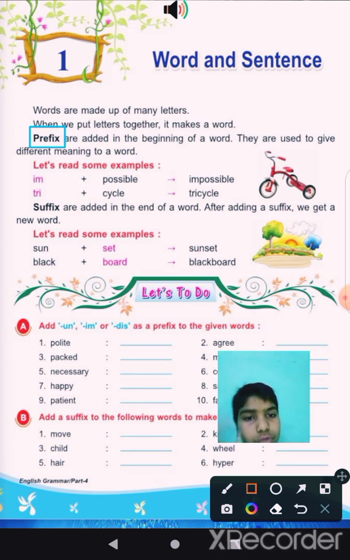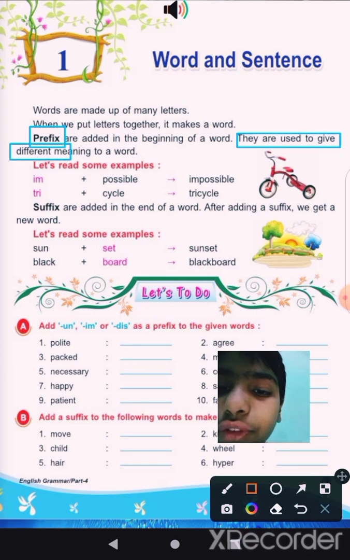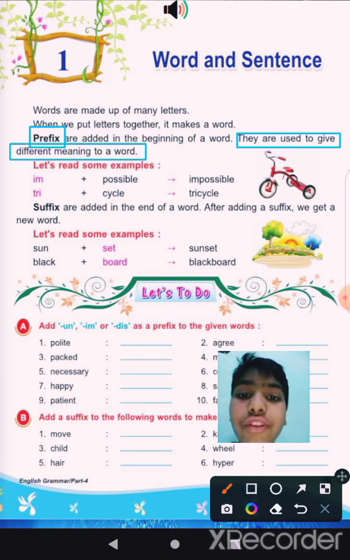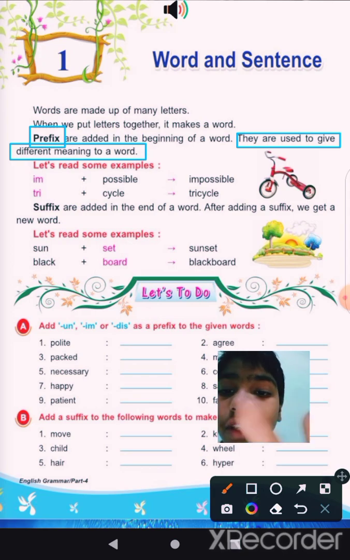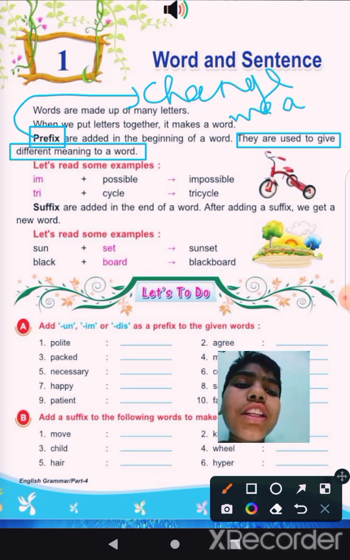See this line: they are used to give a different meaning to a word. It means whenever we add a prefix, it changes the meaning of the word. Got it? Now, how do they change it?